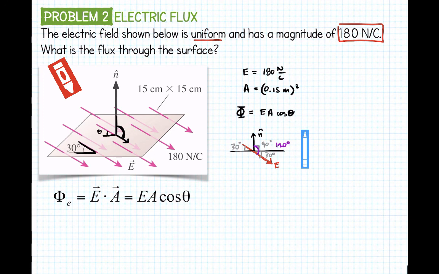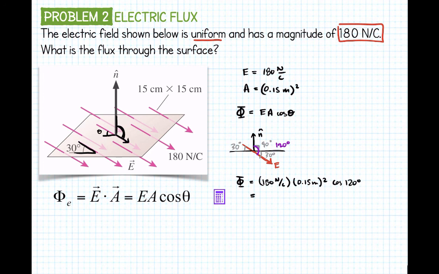And this is just the math way of doing it. So we want to write this as flux is equal to E, which is 180 newtons per coulomb, times 0.15 meters squared, times cosine of 120 degrees. When you plug all that in, it should give you negative 2.03 newton meters squared over coulombs.